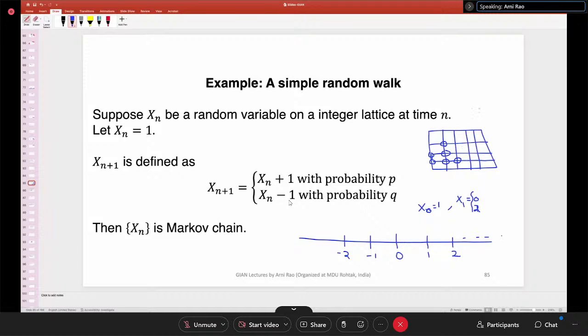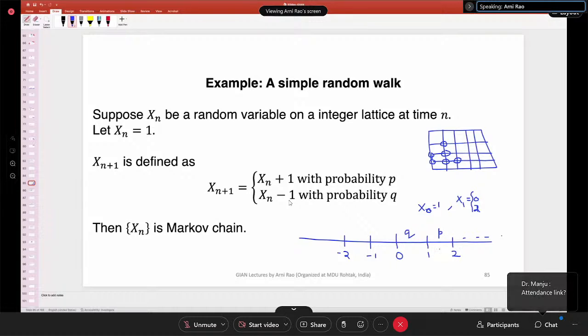Okay, right. So x0 equal to 1 and x1 equal to 0. At the next time step, it will be either 1 to 0 transition with probability q, or 1 to 2 with probability p. That's the definition: xn plus 1 with probability p, xn minus 1 with probability q.